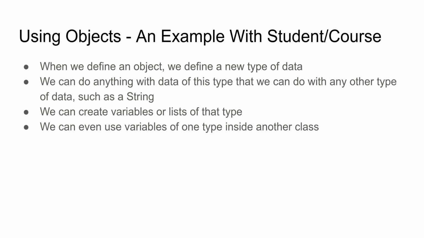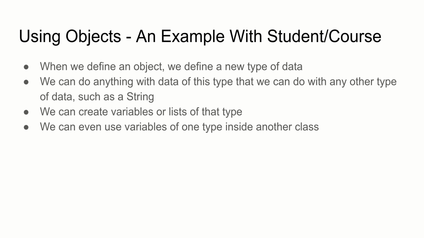With those types, we can do any of the things that we might be able to do with general data types in Python, like what we can do with strings. Now, we don't have all the same methods unless we write those methods, but things like creating variables that store objects of those types, that reference objects of those types, yes, we absolutely can do that.